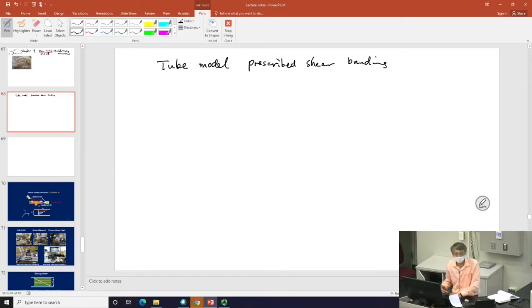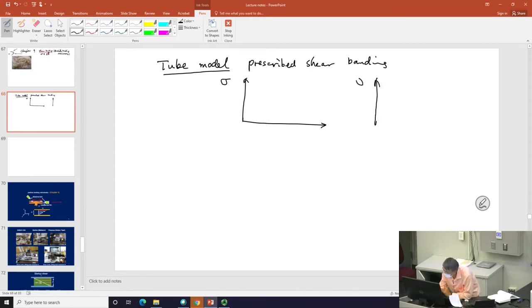Unfortunately, this concept is not new, meaning we didn't discover it at all. As I said many times before, for other materials people have observed such things. So what happens is the tube model, for the same reason it produces overshoot.